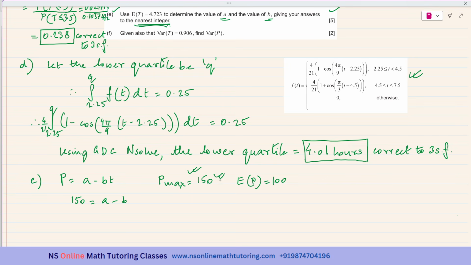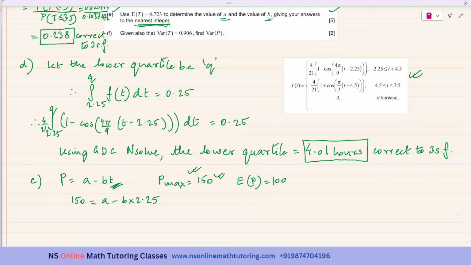The runner's time will be the minimum time, the least time taken among all runners. The minimum time will be the time taken by the winner of the race, and that winner will be getting the maximum score. So this T value should be the minimum value. And what is the minimum value? It is 2.25.